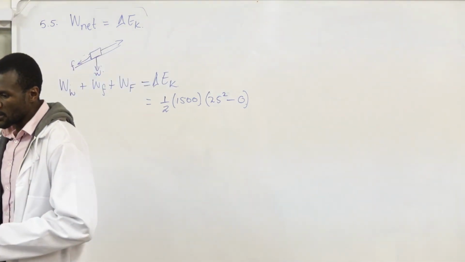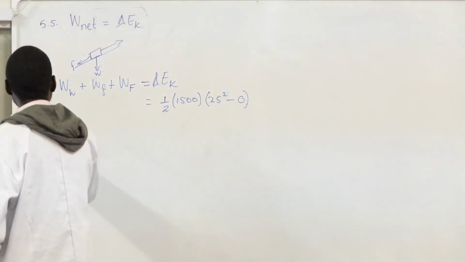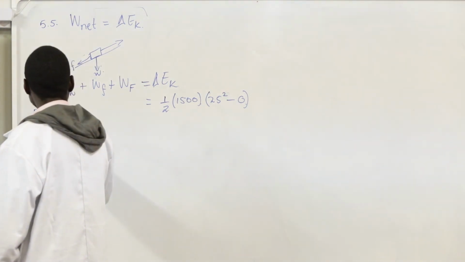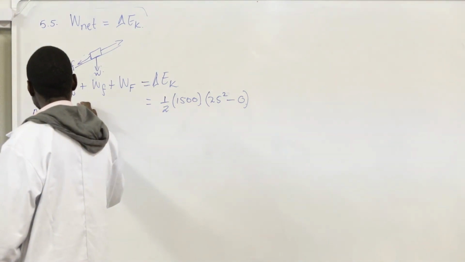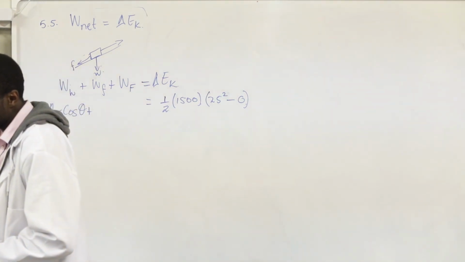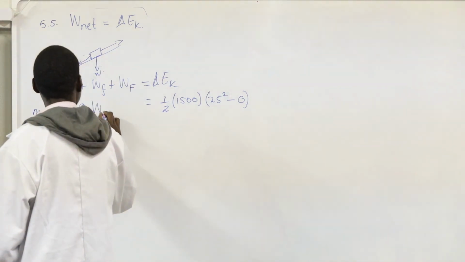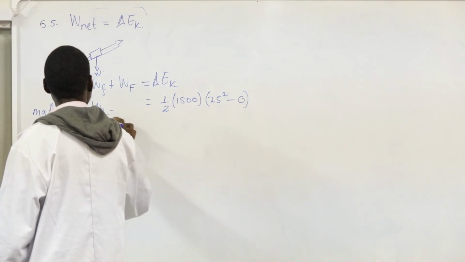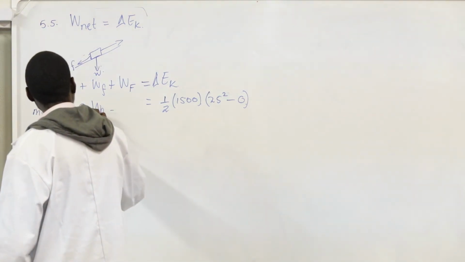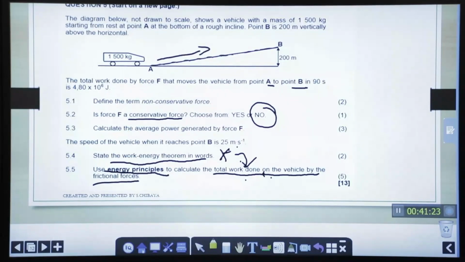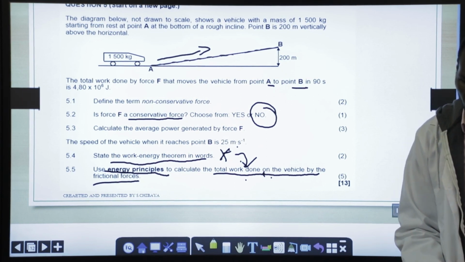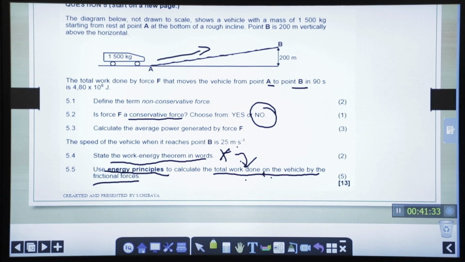Work done by the weight is going to be the components of the weight, which is mg cos of theta times delta x, cos of theta, the angle, plus work done by friction, which is what we are looking for, and that should be minus work done by the force, which we are already given in the question as 4,8 times 10 to the power of 6.